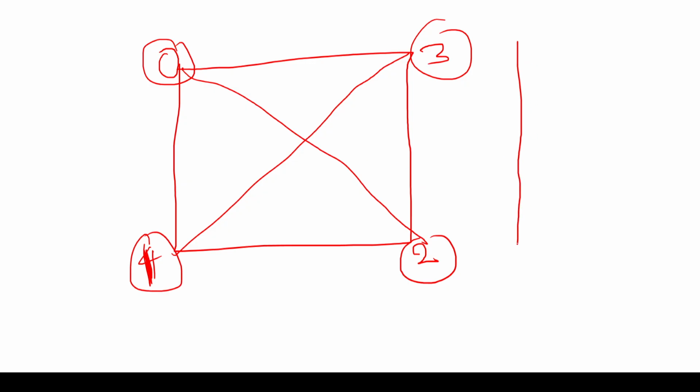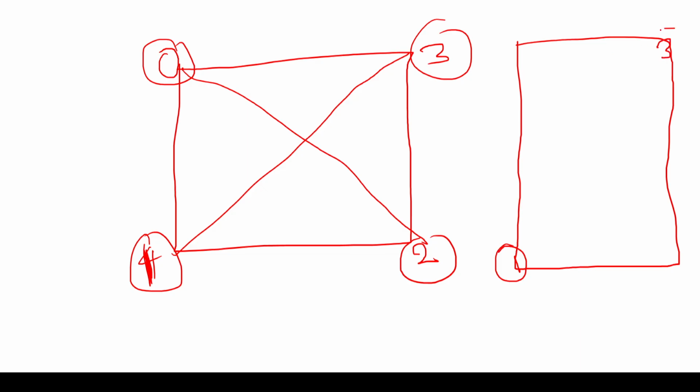Let's talk about another one. If we take another diagonal, this time I'm supposing this is our 1 and this is our 3. So this will be our main diagonal. Okay, so this 0 and 2 will remain the same, right?